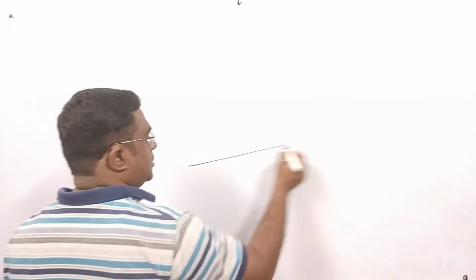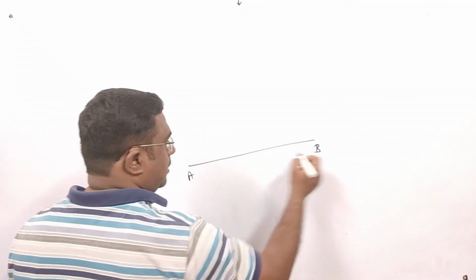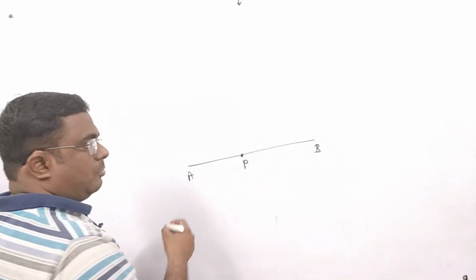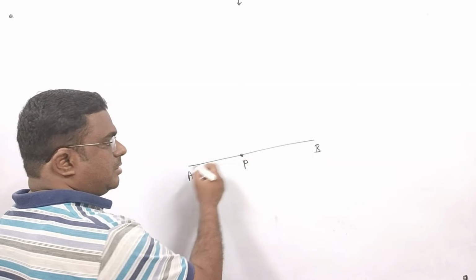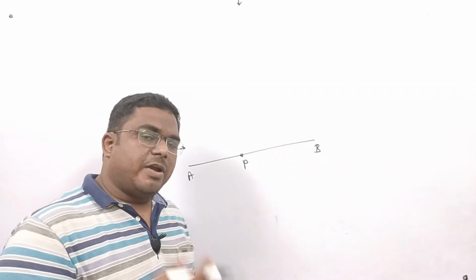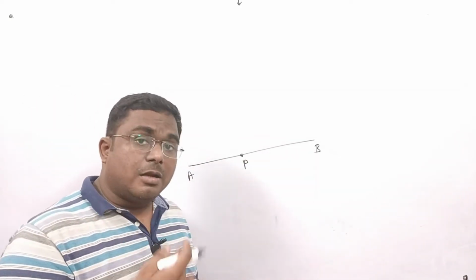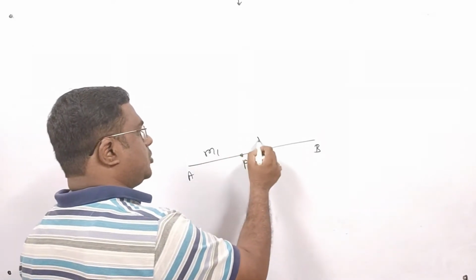Suppose it is a line segment AB and point P is somewhere here on the line segment AB. Then in this situation, point P is dividing the line segment AB in internal ratio of M1 ratio M2.